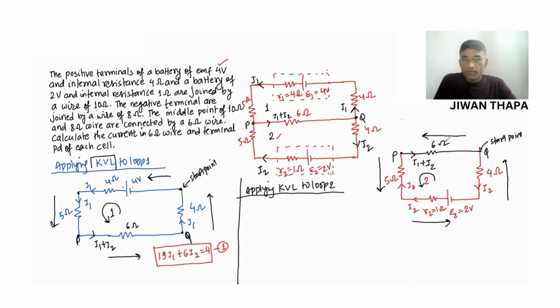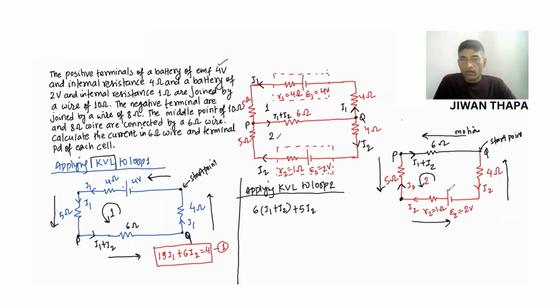Now, what we find, if we find this product 6 times I1 plus I2, we are moving opposite. You can see the motion is opposite to the direction of current. So this product is taken as positive. Now for this part of the loop, we are moving opposite to the direction of current I2. So if we find this product 5 times I2, then this is taken as positive.